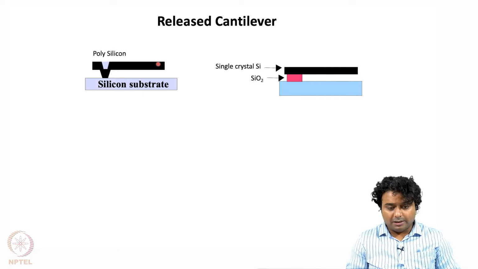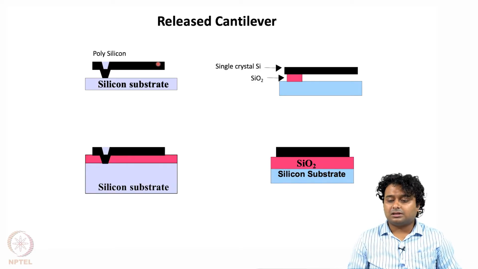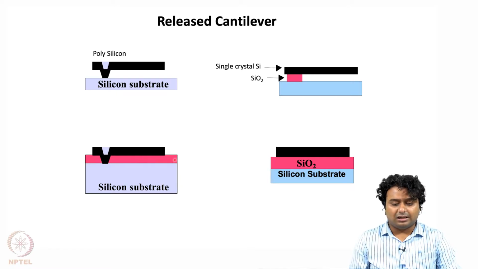Now how we can make them, that we will discuss in the next module while discussing the fabrication. But for discussing stiction, we need to know how it is coming, and for that, as I have drawn here, before we get this cantilever there is a step where we put, let us say, a sacrificial layer in between the cantilever and the substrate.